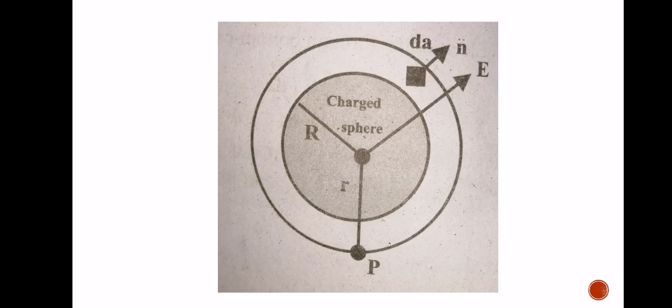Take a small area element dA of this Gaussian surface. The angle between dA and electric field intensity is 0 as the electric field and normal to the area element are directed in the same direction, as shown in the diagram.